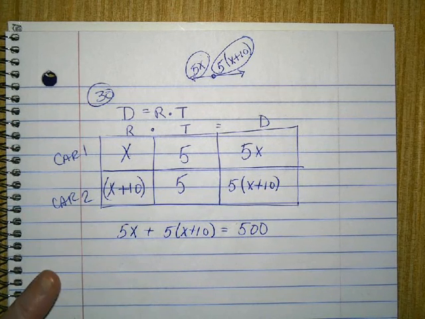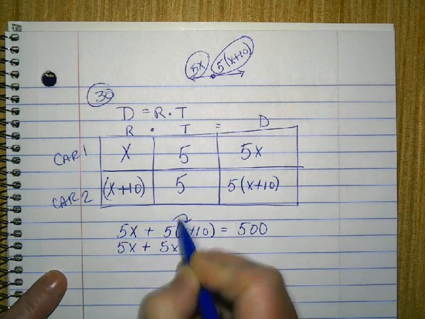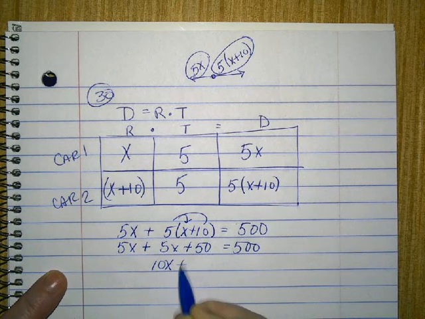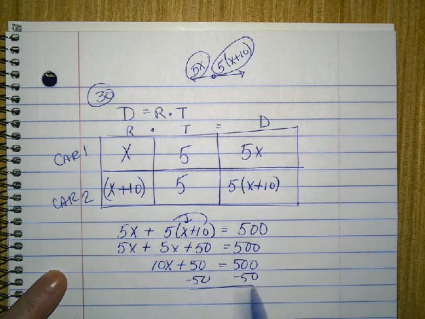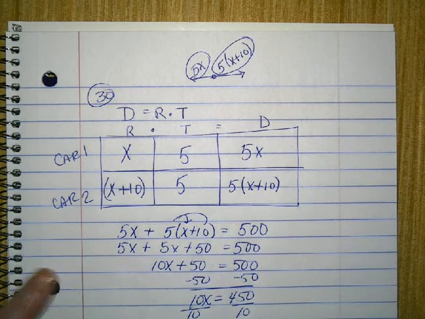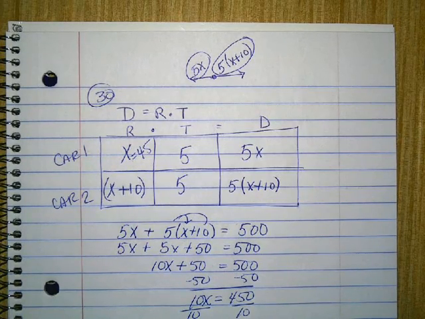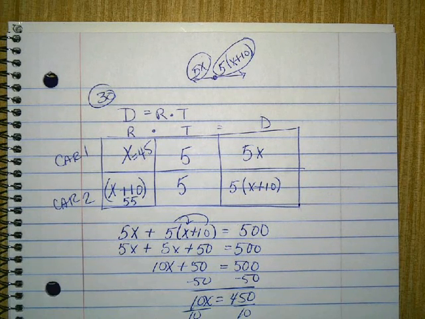And then you solve your equation. 5x plus 5x plus 50 is 500. 10x plus 50 is 500. 10x equals 450. Divide by 10. X is 45. So this car is going 45. How fast is the other one going? 55. Okay. Questions on number 30.